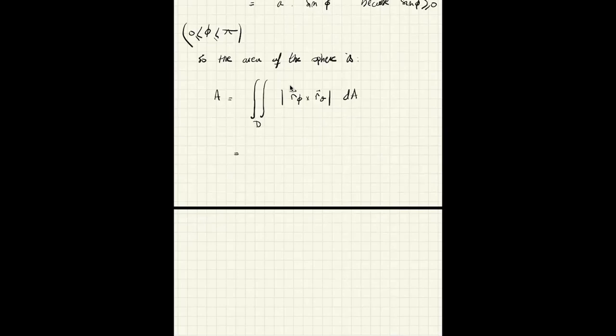So it's from 0 to pi, 0 to 2 pi, a squared sine phi d phi d theta, and this is a squared 2 pi, and this is minus cos phi between pi and 0, which is 2, right?